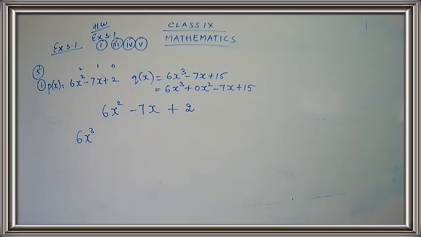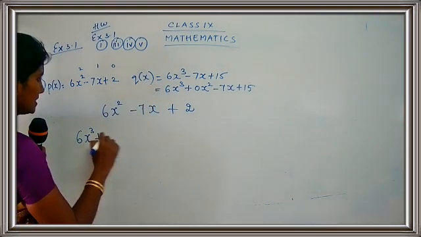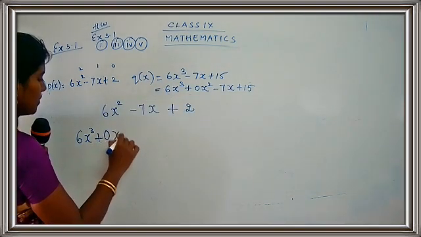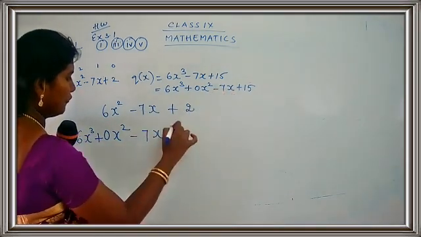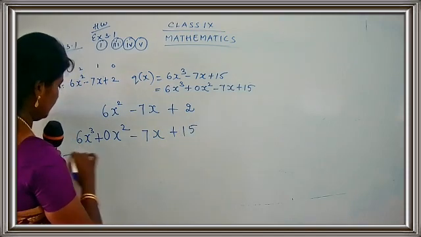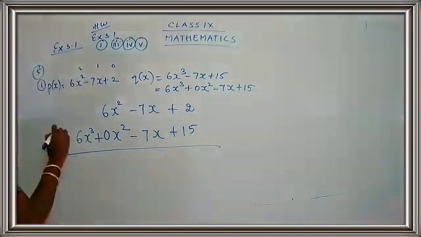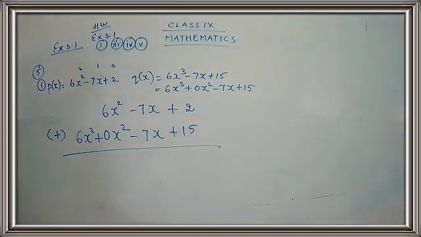Okay, now shall we arrange this? Let us arrange the polynomials. So I get here 6x cube plus 0x square minus 7x plus 15. I have just arranged that. Put a main sign as plus because you are going to add the polynomials. So arrangement is very important, children. Once you arrange it properly, everything becomes easier.